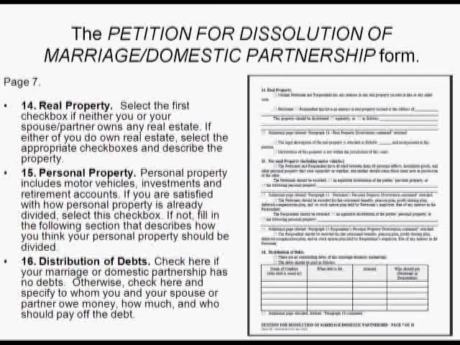Personal property. Personal property includes motor vehicles, investments, and retirement accounts. If you are satisfied with how personal property is already divided, select this checkbox. If not, fill in the following section that describes how you think your personal property should be divided.